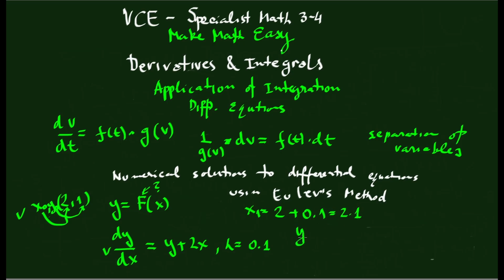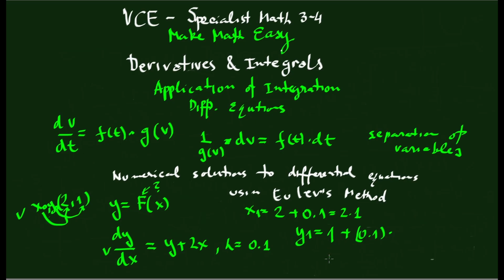How are we going to get y1? y1 will be y0, which is 1, plus the increment 0.1 times the differential at this point.